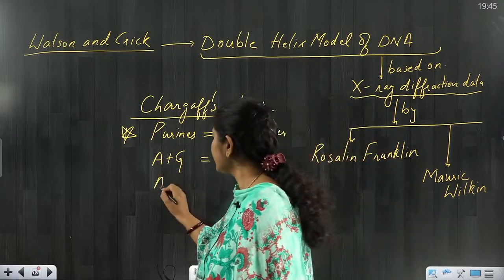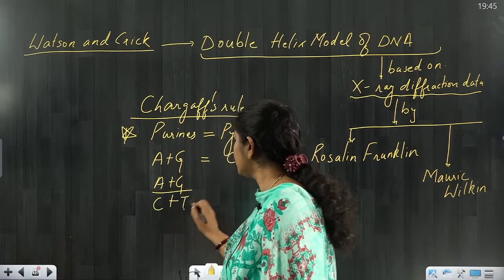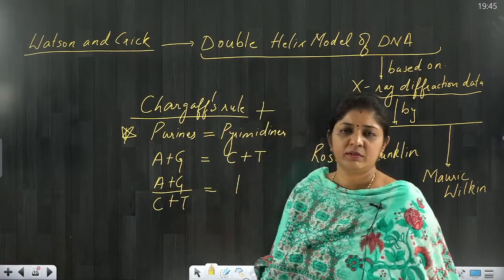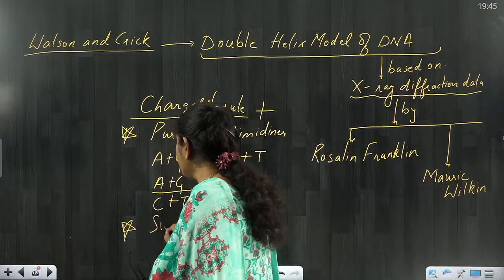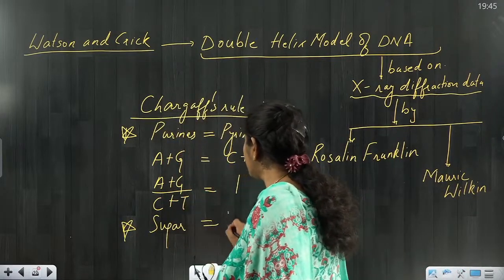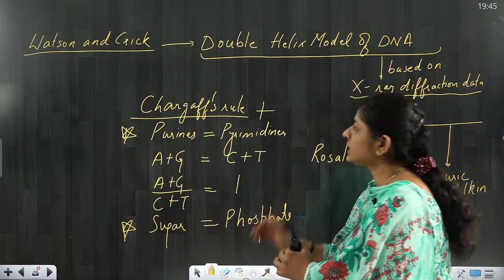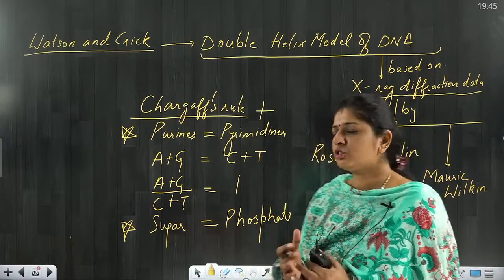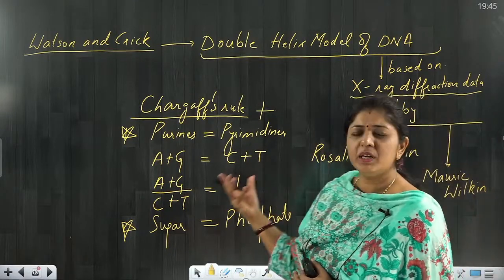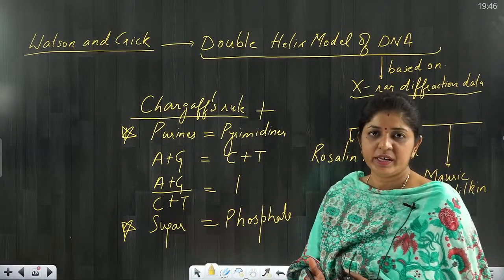Or can I say A plus G divided by C plus T should be equal to 1, right? Next thing, the amount of sugar molecule must be equal to phosphate. This is Chargaff's rule. The authenticity is even based on Chargaff's rule for the double helix structure of Watson and Crick, which they have given for DNA.